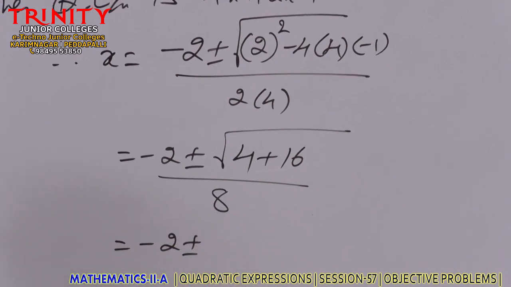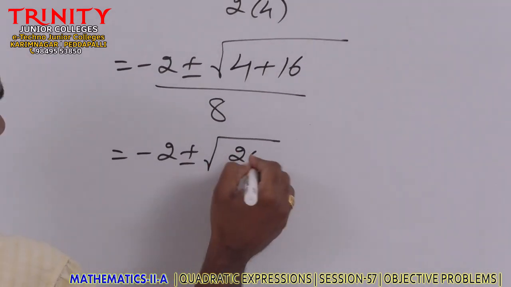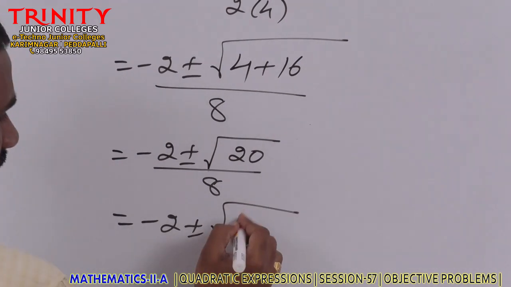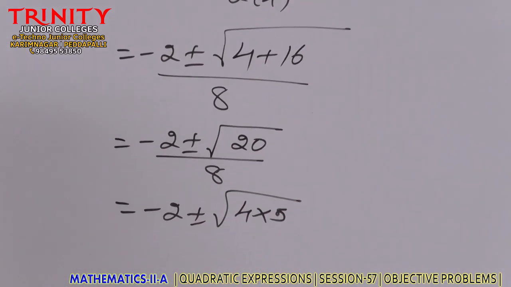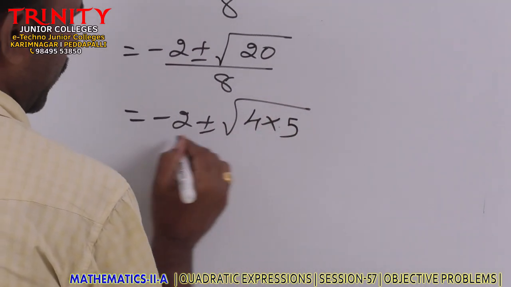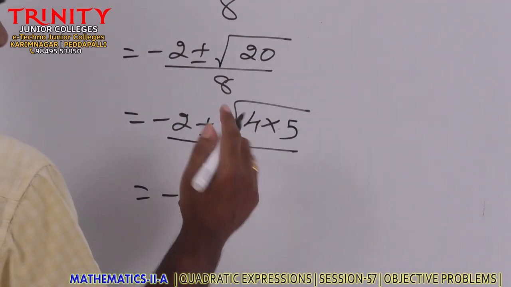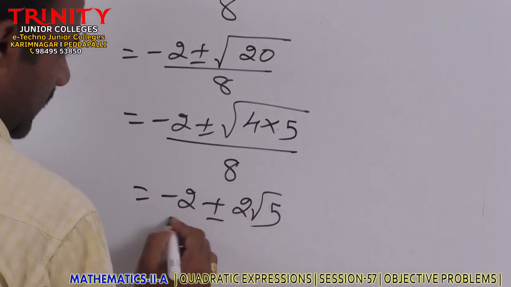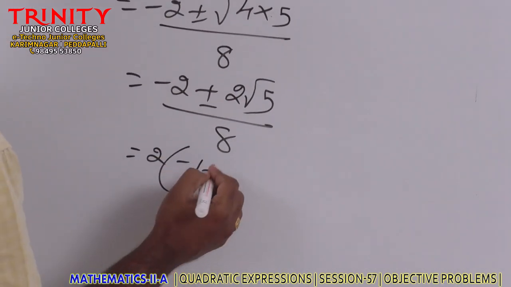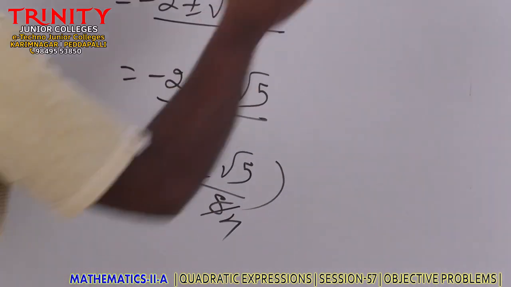Minus 2 plus or minus under root 4 plus 16, that is 20, divided by 8. Minus 2 plus or minus root 20, that is 4 fives are 20, divided by 8. Minus 2 plus or minus root 4 is nothing but 2, root 5 as it is, divided by 8. If you take 2 as common, minus 1 plus or minus root 5 by 4.